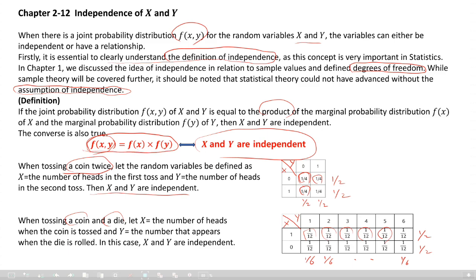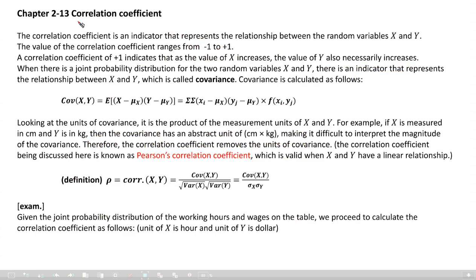Let's see the next thing, correlation. The correlation coefficient is an indicator that represents the relationship between random variables X and Y. I think you have heard this word. The value of the correlation coefficient ranges from -1 to +1.